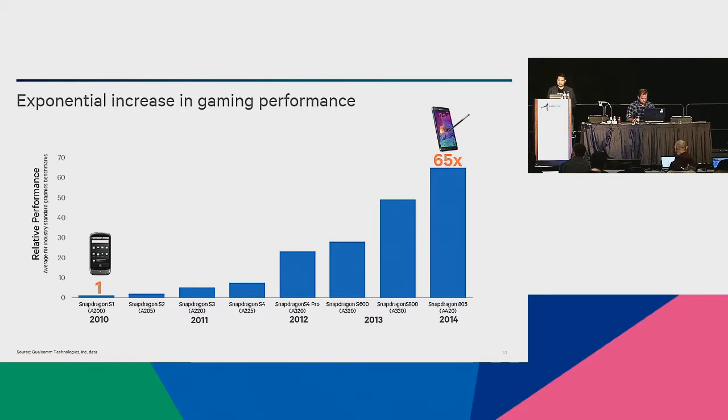Galaxy Note 4 launches with Snapdragon 805 processor, and it's 65 times the graphics performance of the first Nexus 1 device. So in 4 years, we've come quite a significant journey in terms of graphics performance. Just keep that number in mind for a little bit.